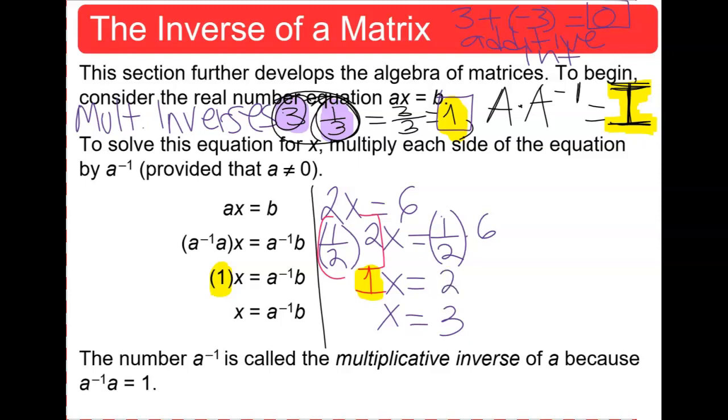So we could say 2 to the negative 1, just to match the notation from this side, times 6. But you still know it's multiplying by 1/2. And then let's just add that step here.